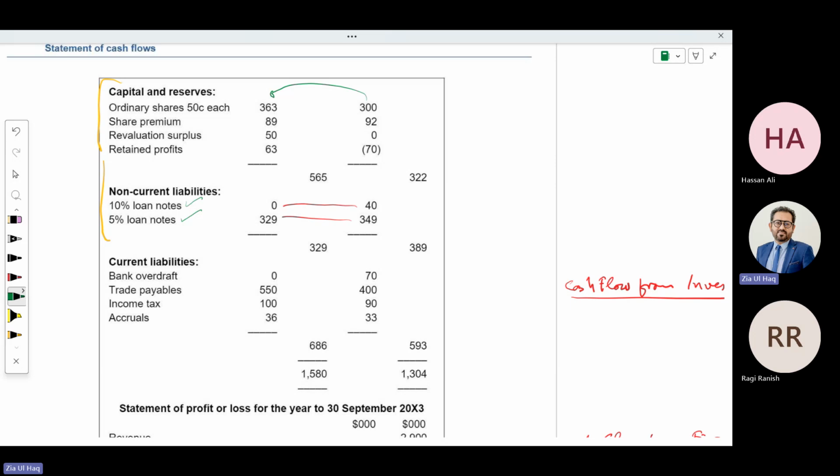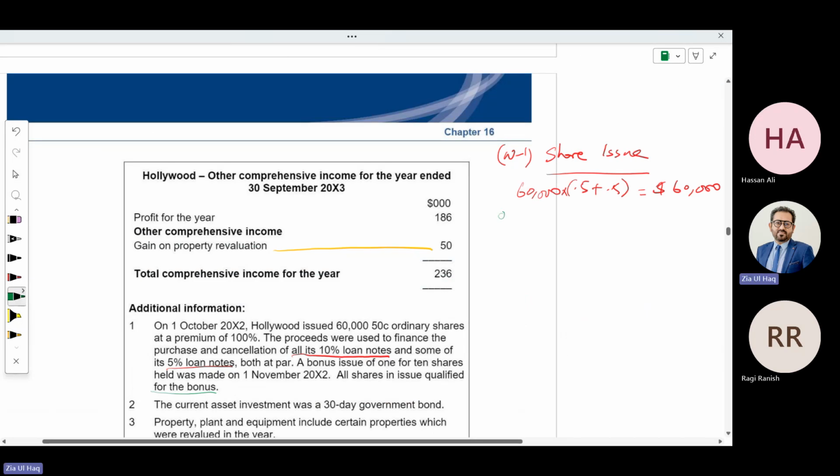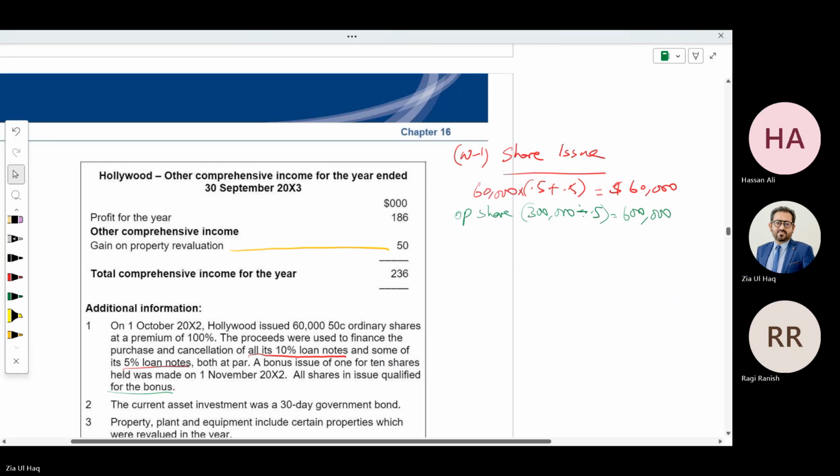At the start of the year, how many shares does the company have? No, this is the share capital amount. So the opening shares were 300,000 divided by 0.5, which is 600,000. They issued 60,000.